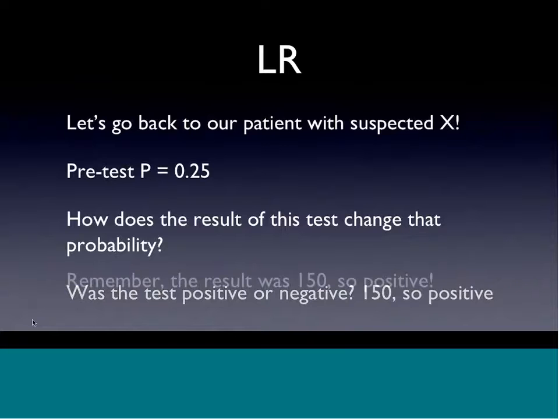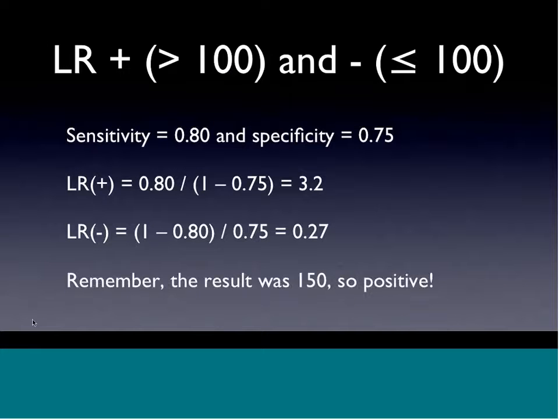So we need to calculate positive and negative likelihood ratios, and in order to do that, we'll have to go back to our sensitivity and specificity. Applying the formulas we mentioned before, positive likelihood ratio is sensitivity divided by 1 minus specificity, and we get 3.2. And the negative likelihood ratio, applying the formula again, you get 0.27.